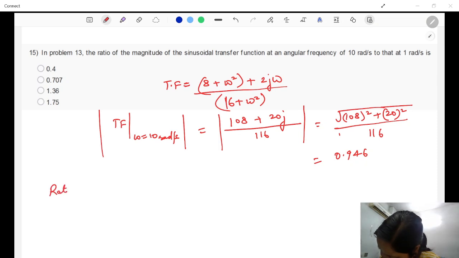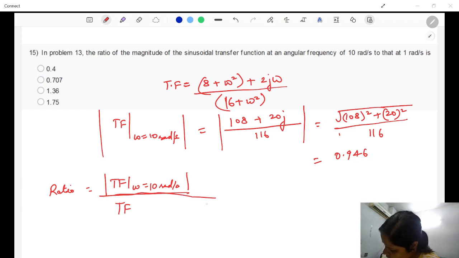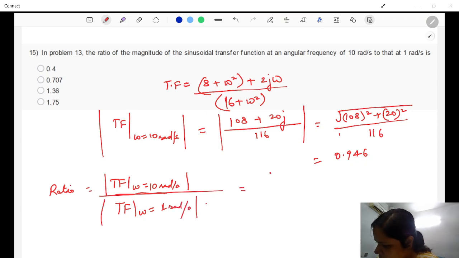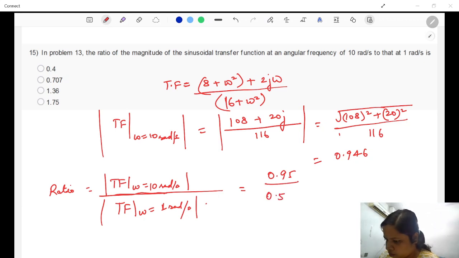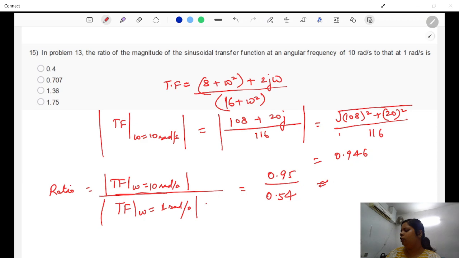What is the ratio? Ratio is transfer function at omega equal to 10 radian per second upon transfer function at omega equal to 1 radian per second, magnitudes ratio. I'll take it to be 0.95 upon 0.54. So you'll get it approximately equal to 1.75. So this is your answer.